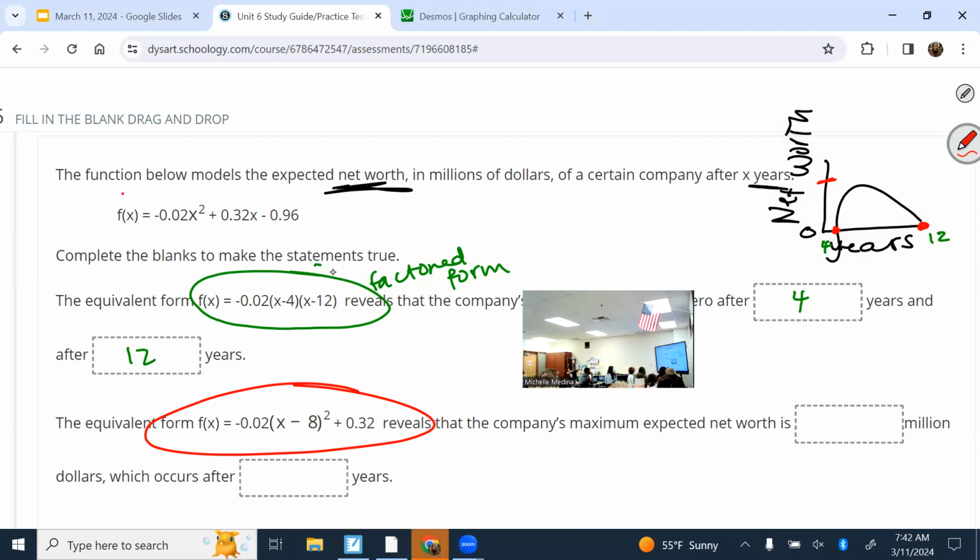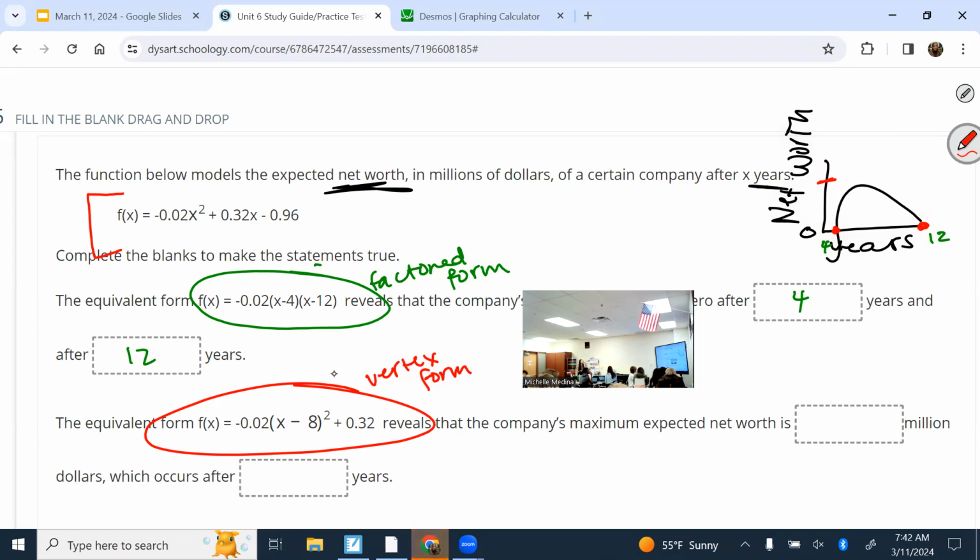Standard form is what they gave us originally. The only thing you can really tell from standard form is your y-intercept. But this down here is vertex form. What can you see really easily from vertex form? The vertex is in the name.